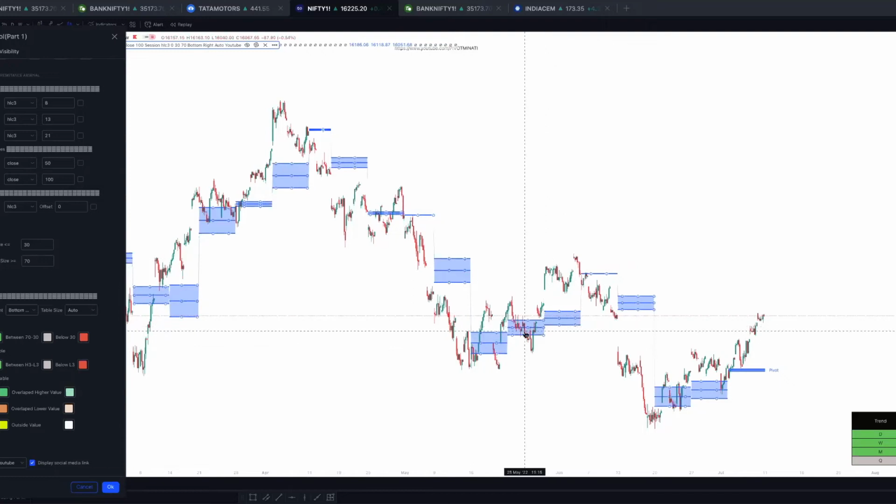Similarly, an overlapped higher value is between these two. The pivot point is higher, but the range is getting overlapped to some extent, so we say that it is overlapped higher value. Similarly, for the opposite one, this is your lower value.